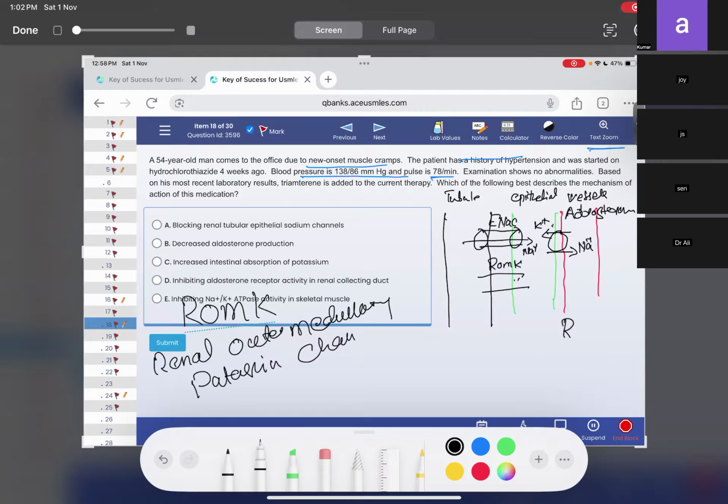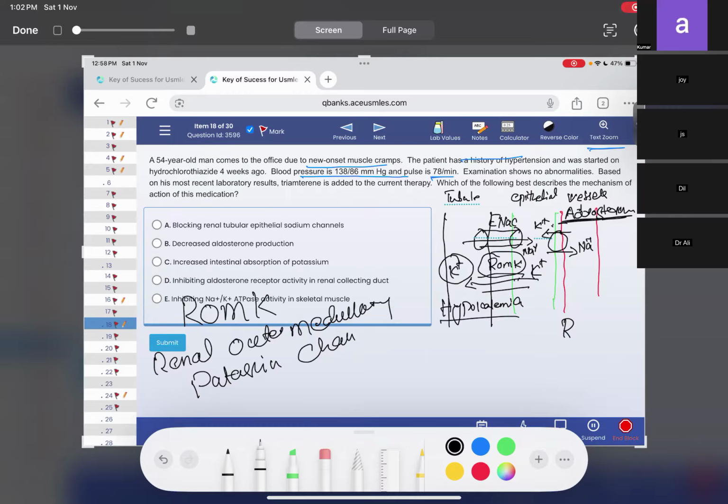So these are also produced by this aldosterone, and they will eventually shift the potassium out of the epithelial cell into the lumen. So by this mechanism, the aldosterone will cause hypokalemia. Clear, everybody? Can you repeat that once more, please?